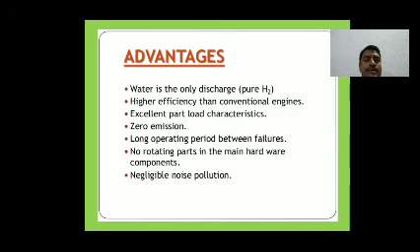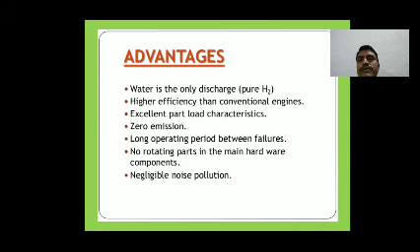Advantages of fuel cells. Fuel cells are highly efficient compared to the thermal production of electricity. Fuel cells are free from noise and pollution.